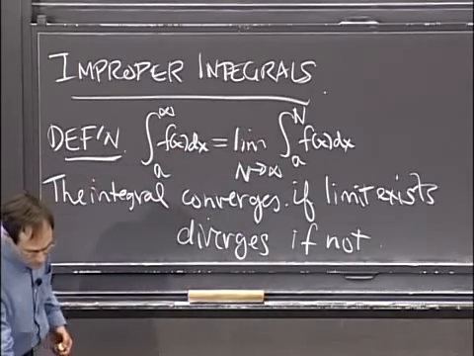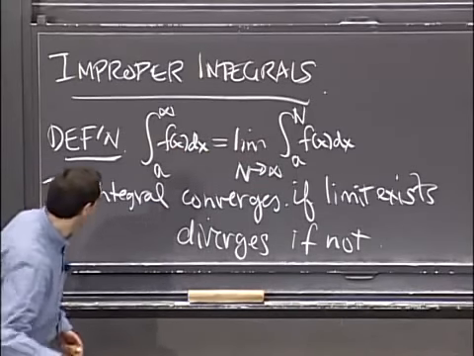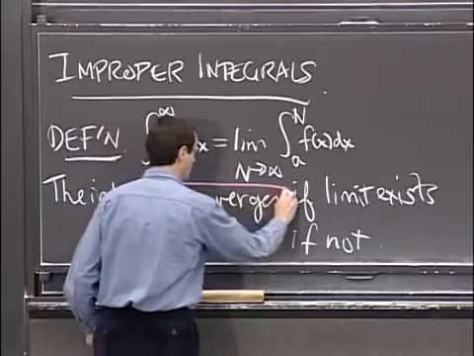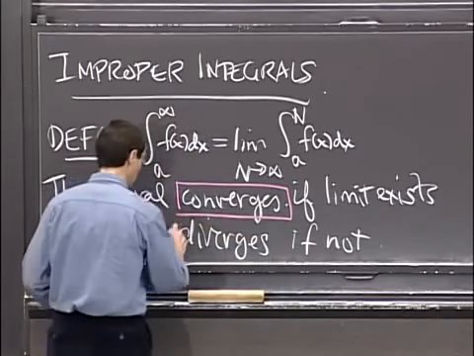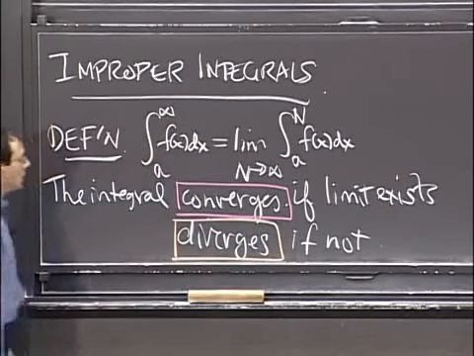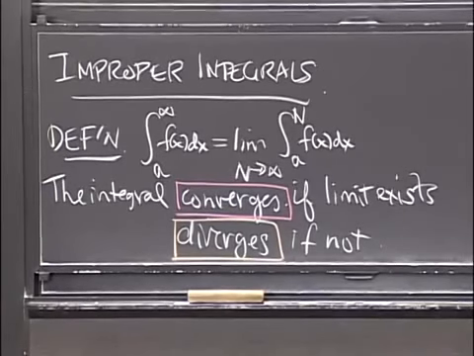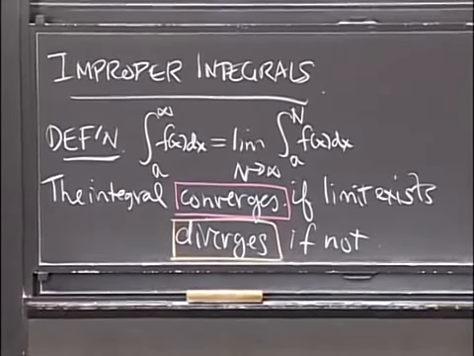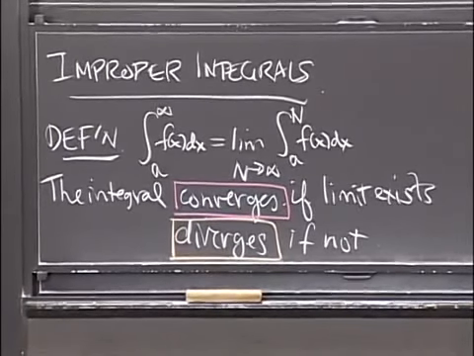Well, these are the key words for today. So here's the issue that we're going to be addressing, which is whether the limit exists or not. In other words, whether the integral converges or diverges.